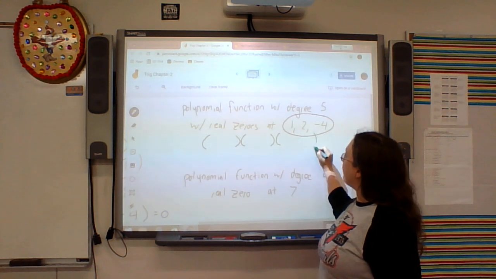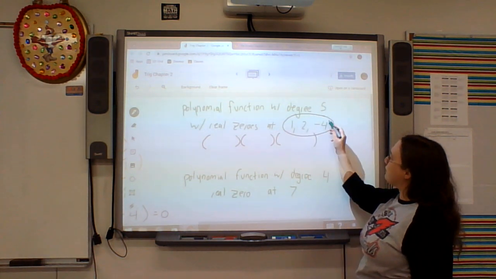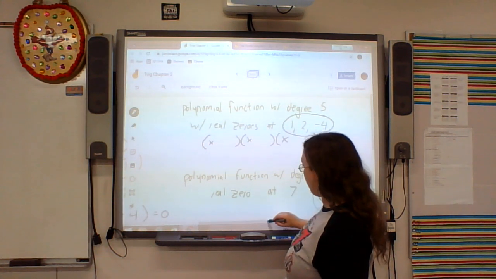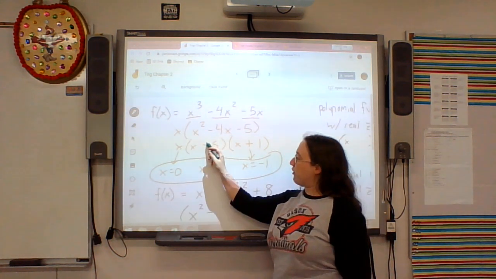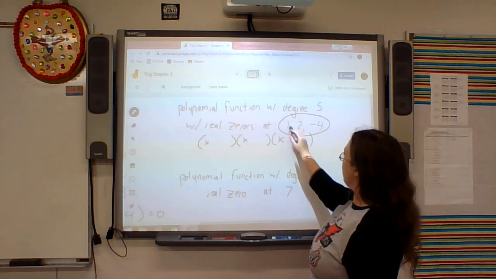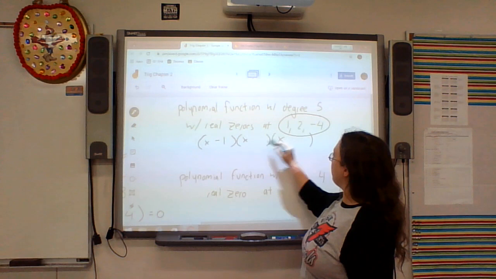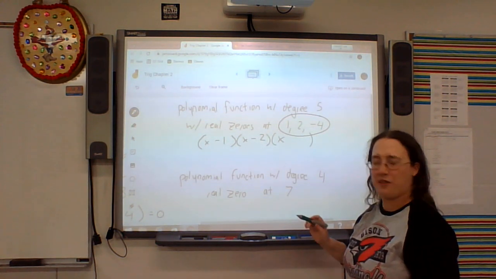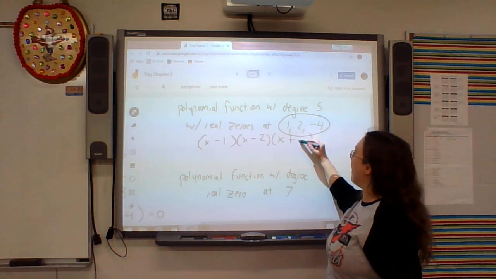So these are going to be our factors, and we've got 1, 2, and negative 4, so we got 3 of them. So if x minus 5 gave us a 0 at 5, and we want a 0 at 1, we're just going to go x minus 1, x minus 2, and x minus a negative 4, or if you want to call this an x plus 4, that's also fine.